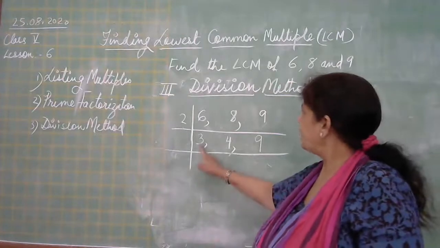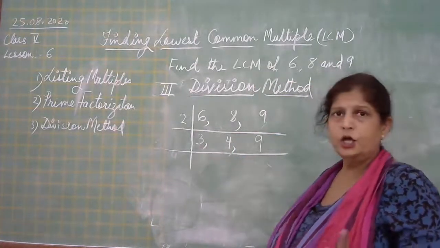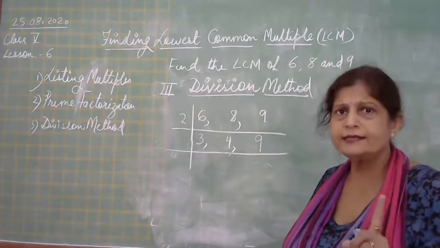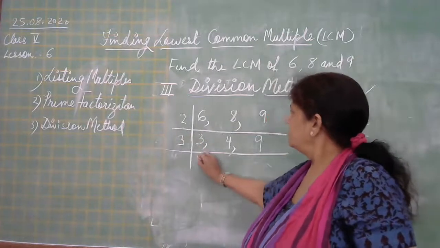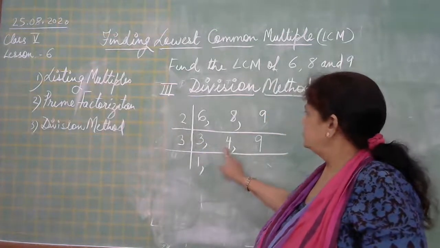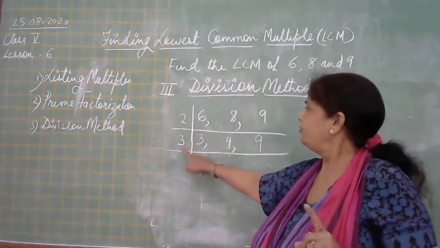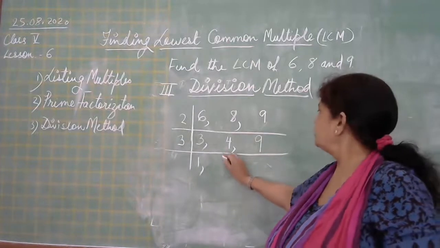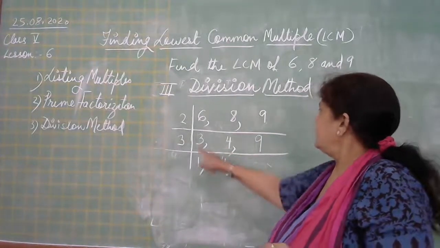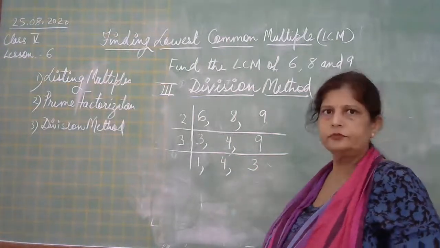So now I can see 3 and 9. So I think we can take 3 as a prime factor for these two numbers. 4 will not be divisible by 3. In the table of 3, do you get 4? No, right? So we write 4 as it is, and 3 times 3 is 9.